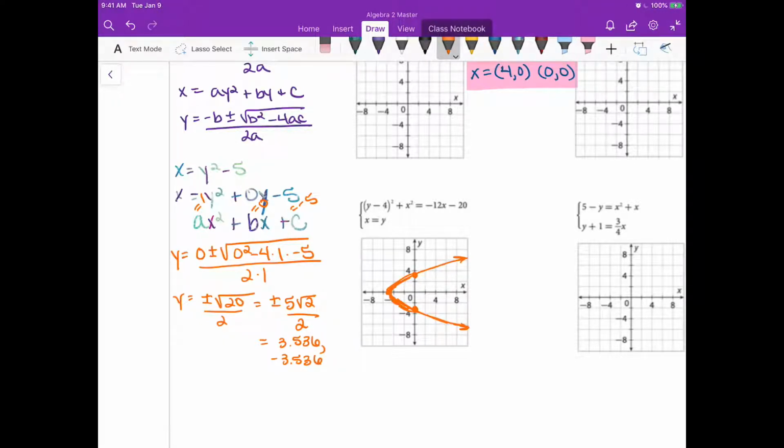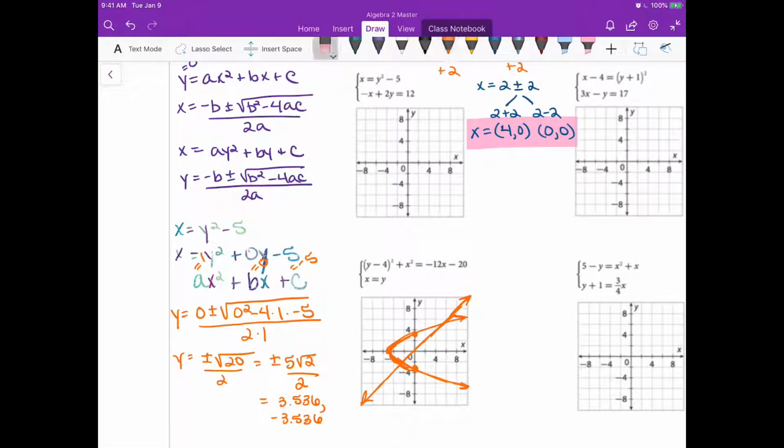And then we graph the linear equation, which is x equals y, and that's a linear equation that cuts through the very middle of the graph with these two solutions. I graphed it on the wrong axis.